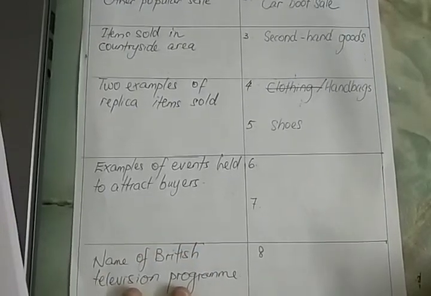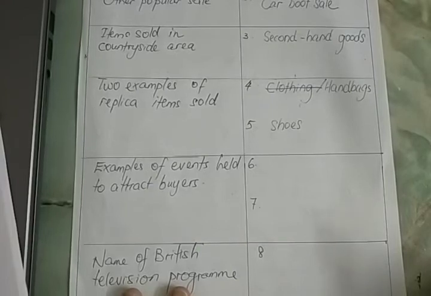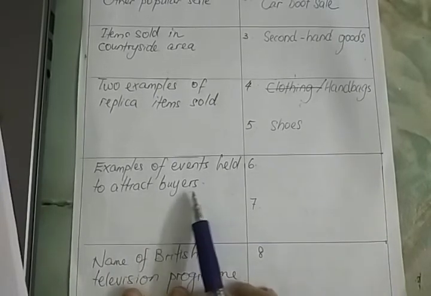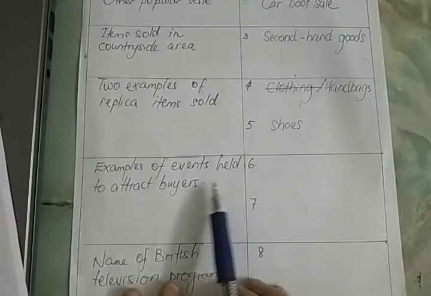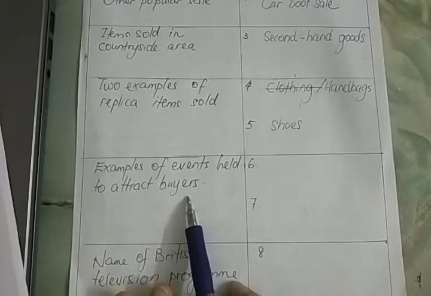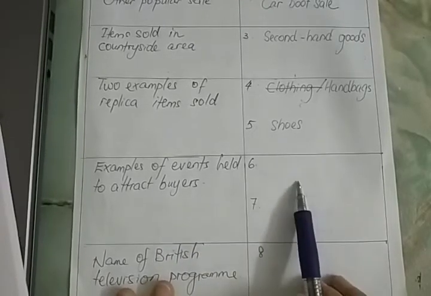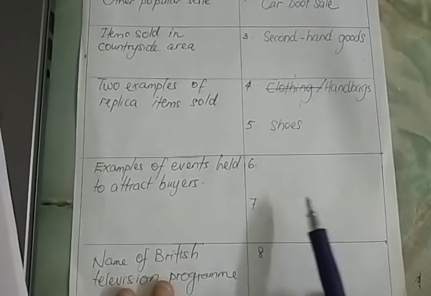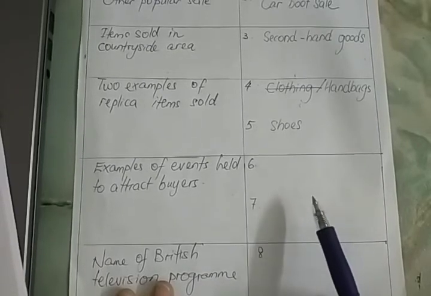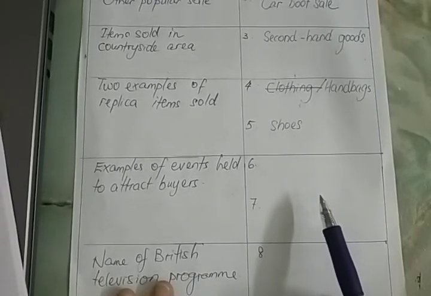Next, examples of events held to attract buyers. What kind of events were being held to get buyers to come? For 6, here they say some flea markets offer concerts and carnival-type events to attract shoppers.